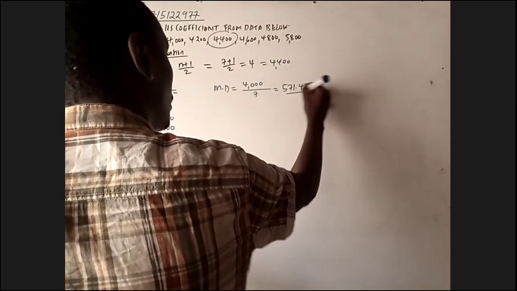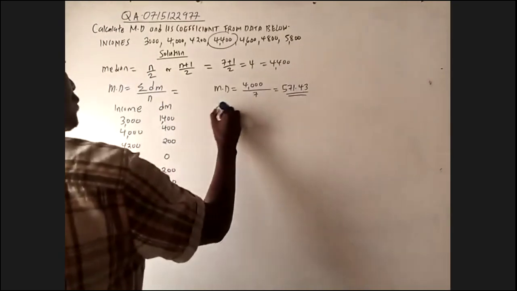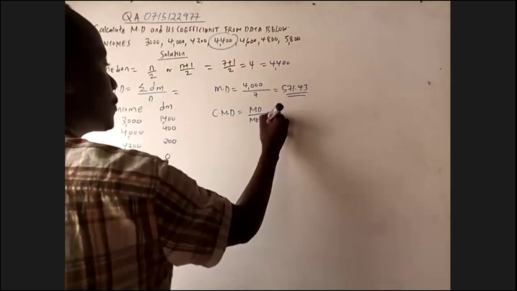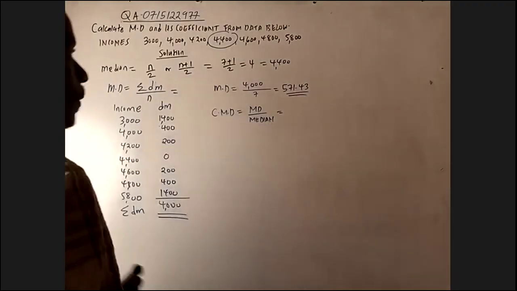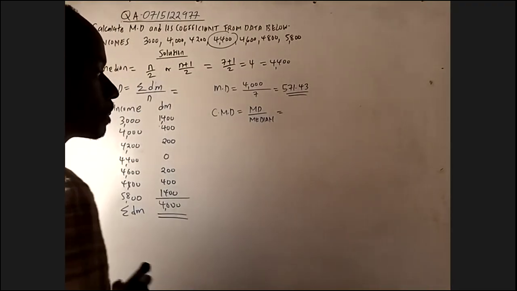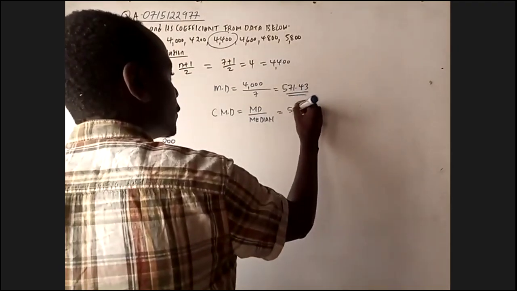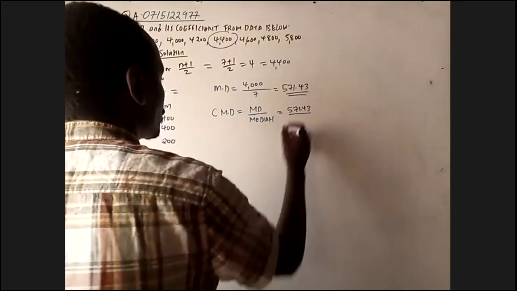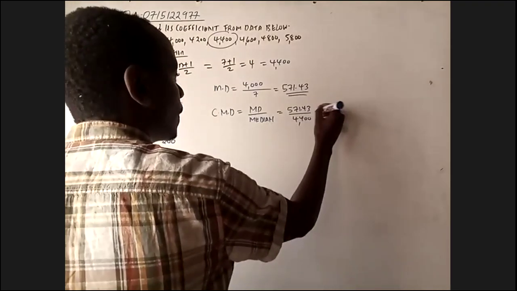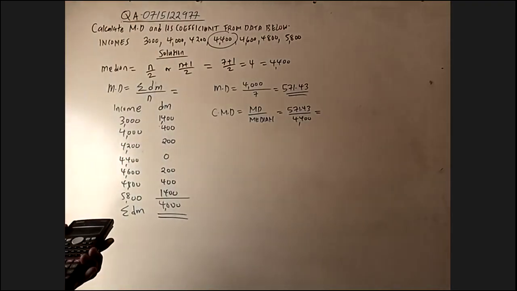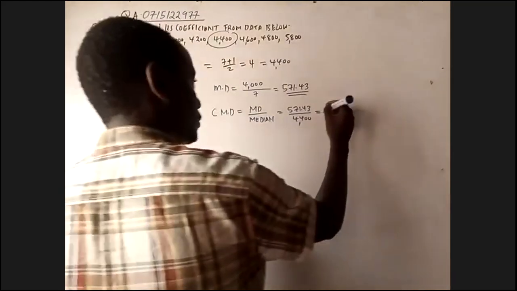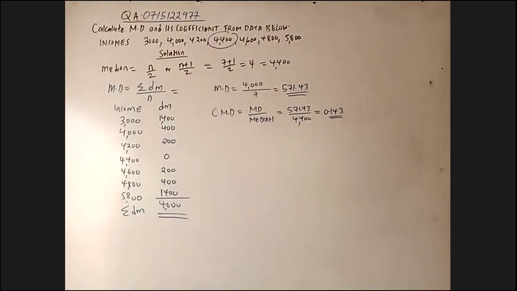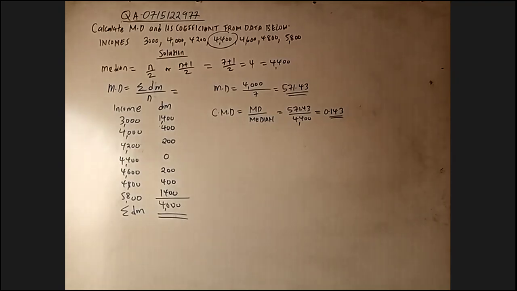Do you get that? Now the coefficient of deviation is our MD over median in this case. So it will be 571.43 divided by median, 4,400. How much do you get? 0.13. Is it okay?